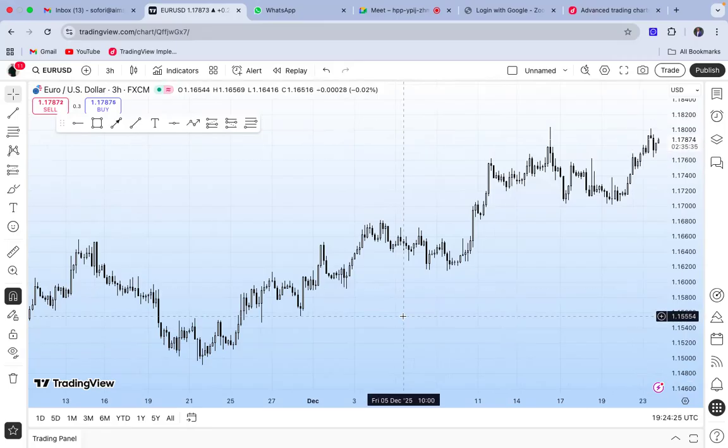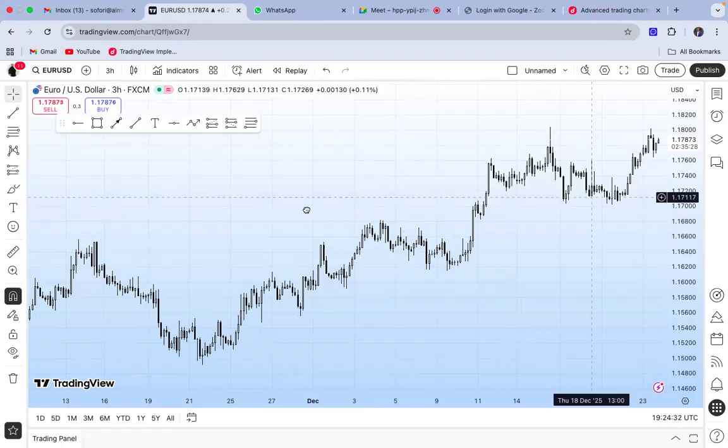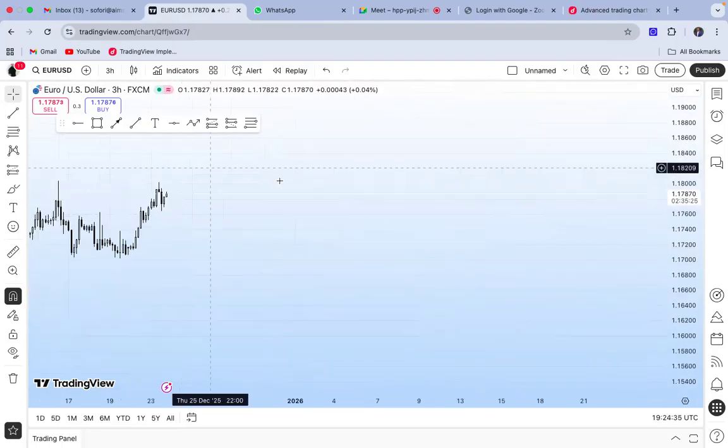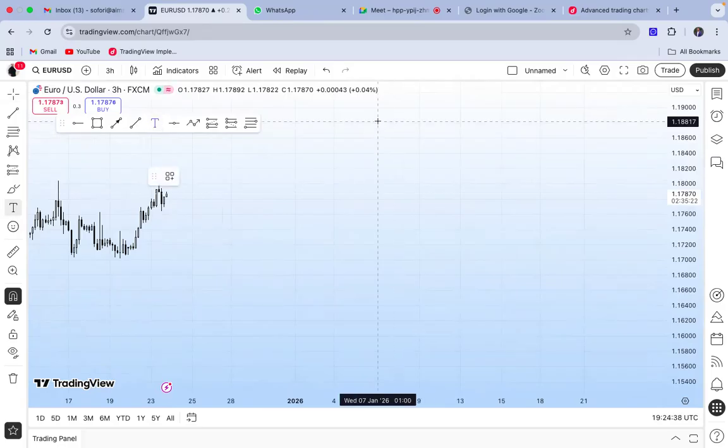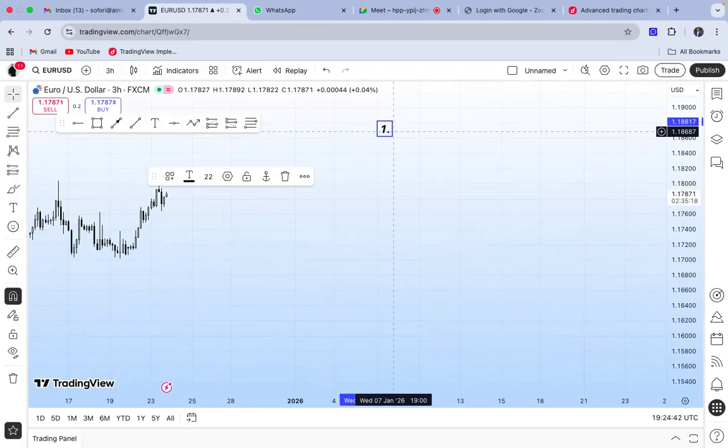Okay, so we have three types of market structures, and I want to take you through all of them. One is the trending markets.